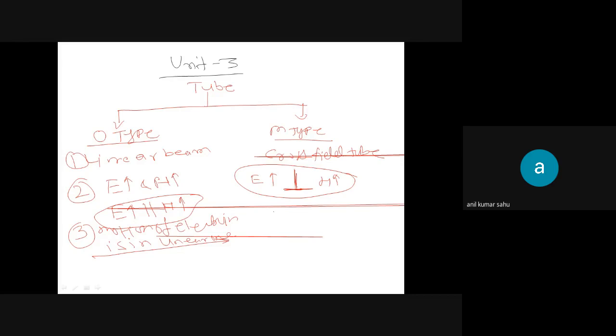But here, for the M type tube, the motion of the electron is not linear. That means the motion of the electron is non-linear behavior.